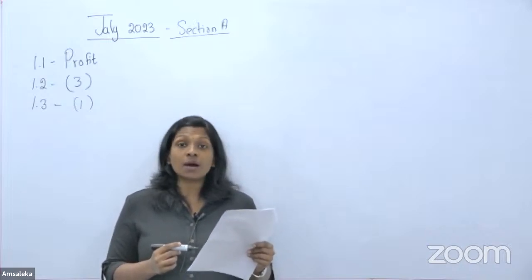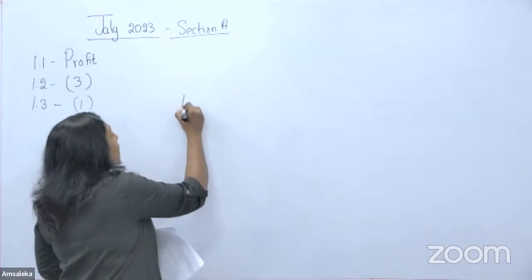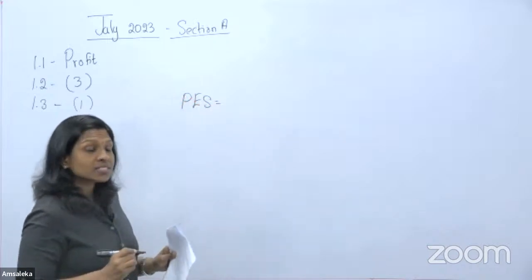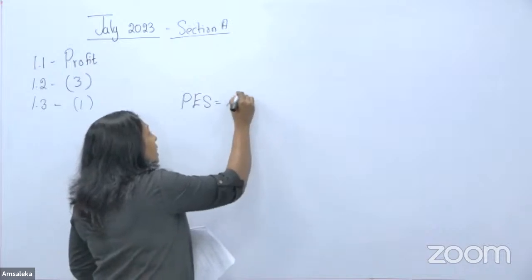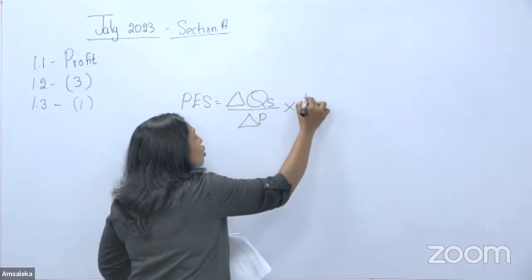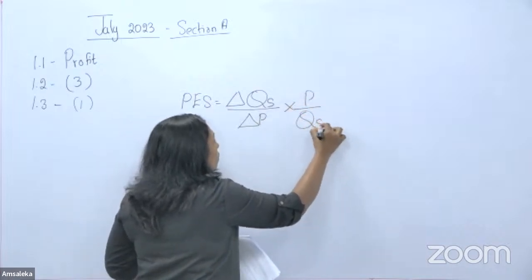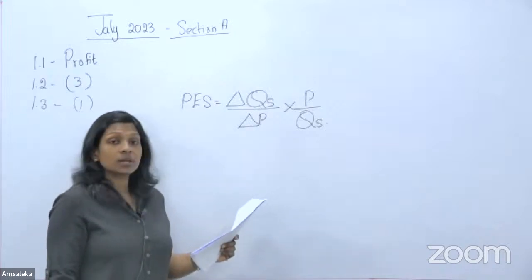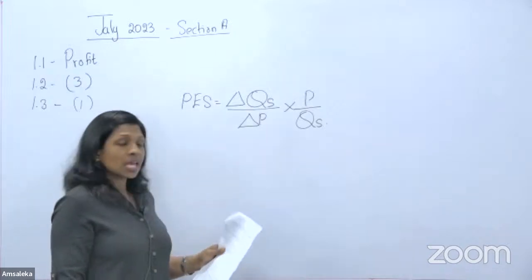Price elasticity of supply is delta QS over delta P into P over QS, that is, change in quantity supplied over change in price into price over QS.